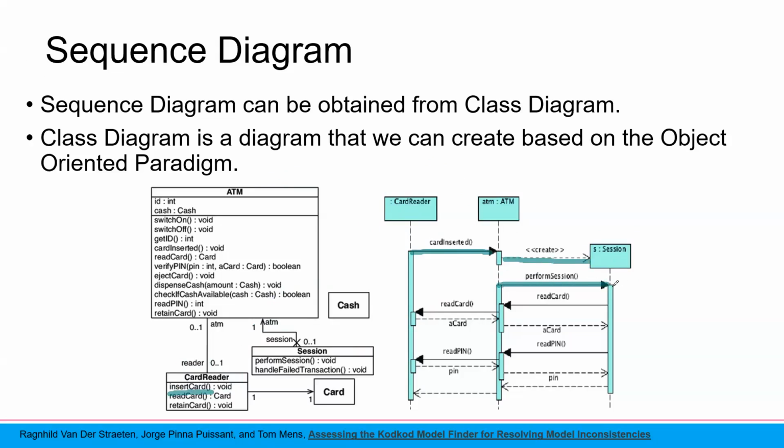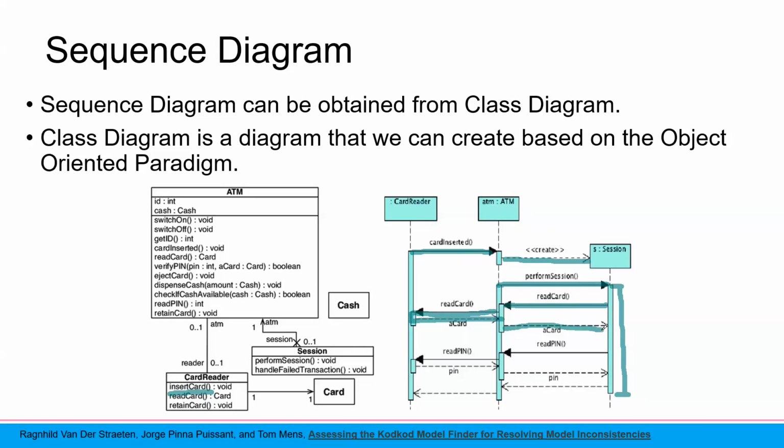When the session is on, during the session we can do any transaction. The first is to read the card, and the ATM will read the card and give the ATM card, which goes to the session.